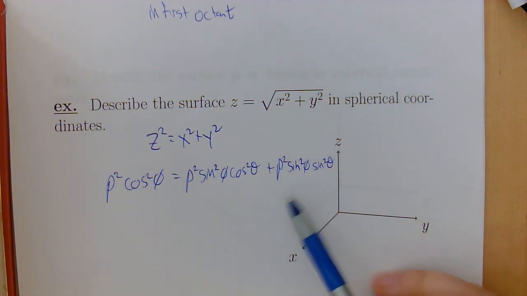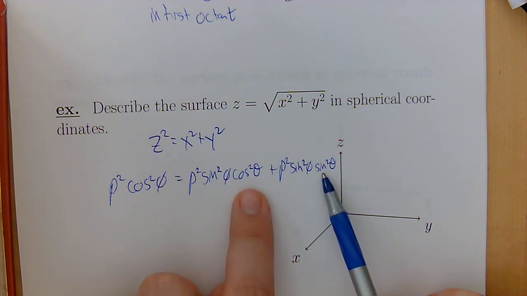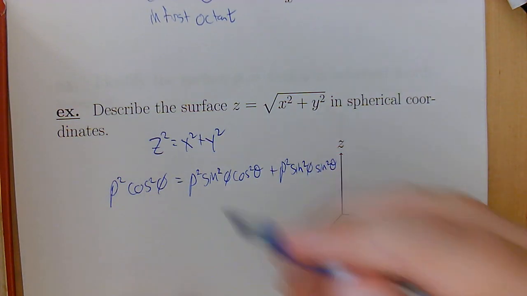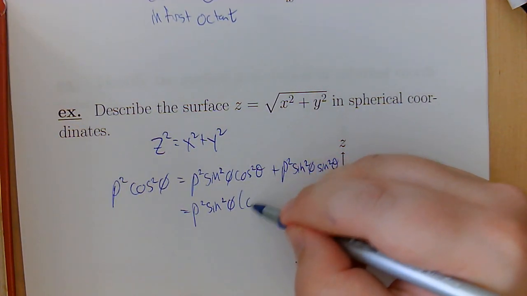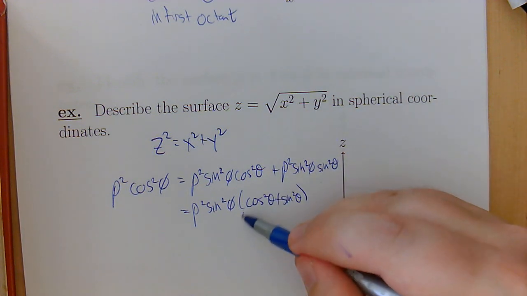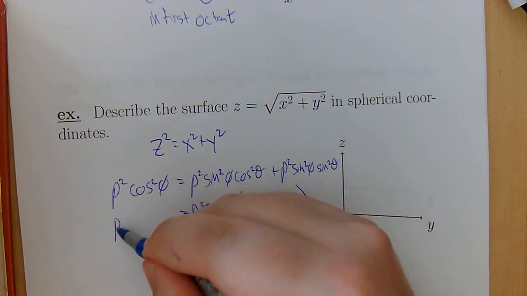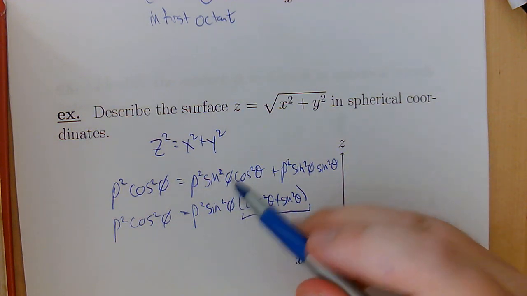Now, look at what we have here. This is always our favorite thing to have happen with these trig functions: we have a cosine-sine Pythagorean pair. So if we were to factor this, then this is a very fancy way of writing 1. So that means we have the equation rho squared cosine squared of phi is rho squared sine squared of phi.